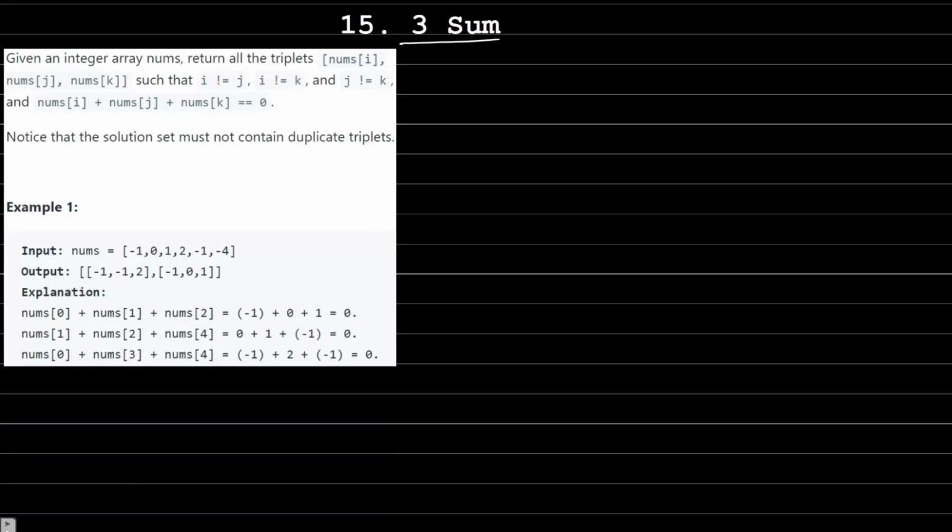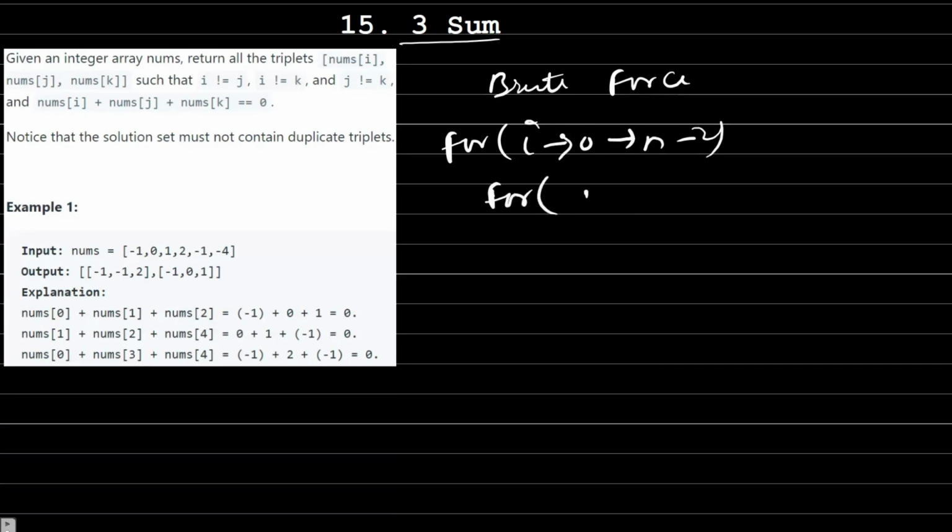We can do it by using the brute force method. So what will be the brute force method? We will run a for loop for i equal to 0 to n minus 2, and inside this for loop we will run another for loop, j equal to i plus 1 to n minus 1, and inside this for loop we will run another for loop, k equal to j plus 1 to n.